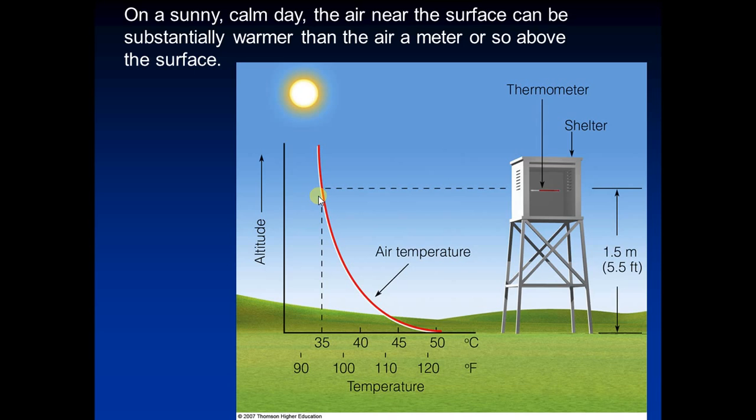This form of mechanical stirring is sometimes called forced convection, and it helps the thermals transfer heat away from the surface more efficiently. So sunny, windy days typically have less substantial temperature differences in the lowest few feet of the atmosphere near the ground than on clear, calm days.